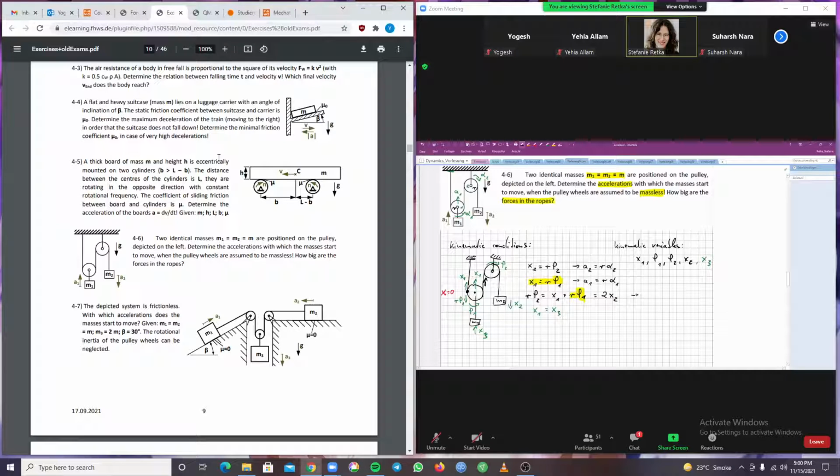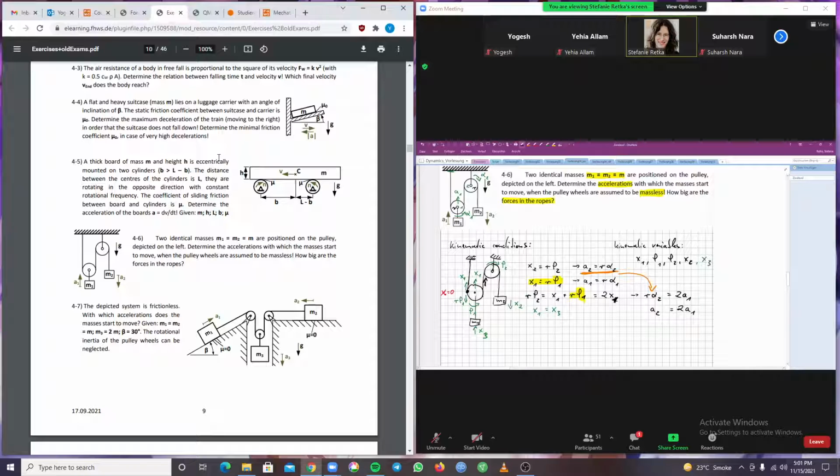And this leads to R alpha 2 is equal to 2A2, A1. And then again, we can use this relation right here and substitute R times alpha. And we obtain A2 is equal to 2A1.